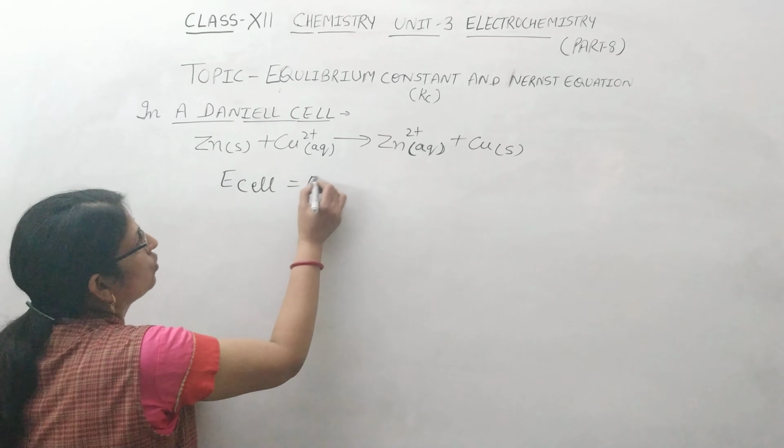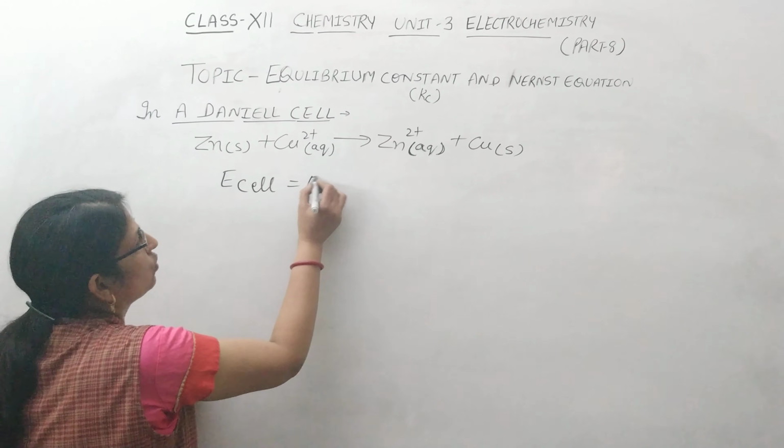Students, when the cell is working, what happens? Zinc converts to Zn2+, and zinc ion goes to the electrolytic solution. So it means in the electrolytic solution, the concentration of zinc ion increases as time passes. You got my point?